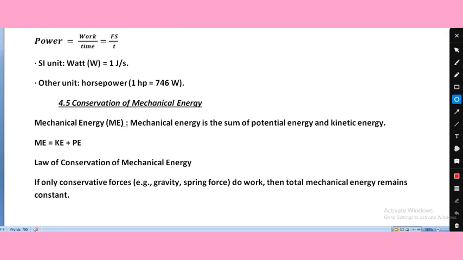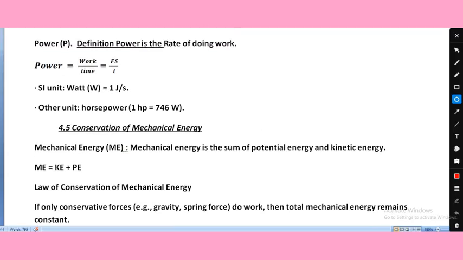The next one we discuss is power. When we come to power, the definition of power: power is the rate of doing work, and power is equal to work done over time.